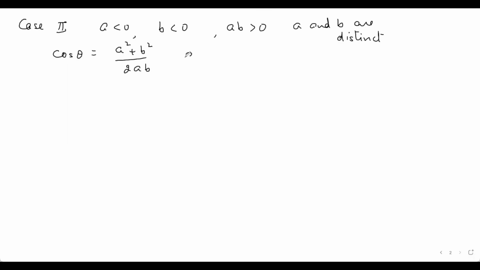Now let us take A as -2 and B as -3. And both are less than 0 and the product is greater than 0 and both are distinct. Now substitute the values. -2 whole square plus -3 whole square upon 2 into -2 into -3.